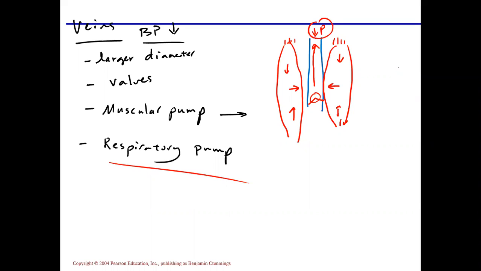We mentioned that these features help the low blood pressure reach the heart. Now, you might see a term called vascular anastomosis.